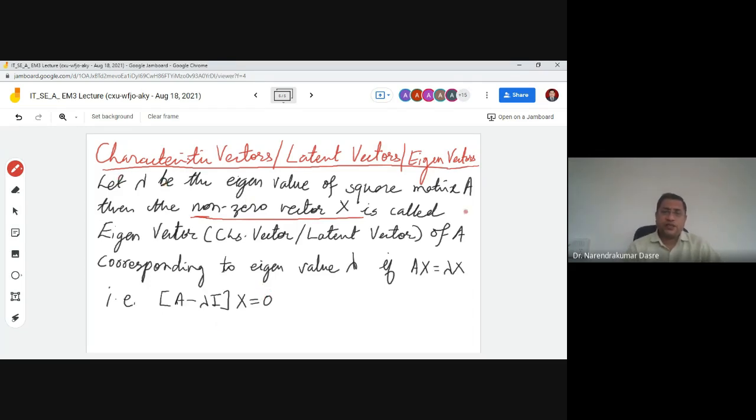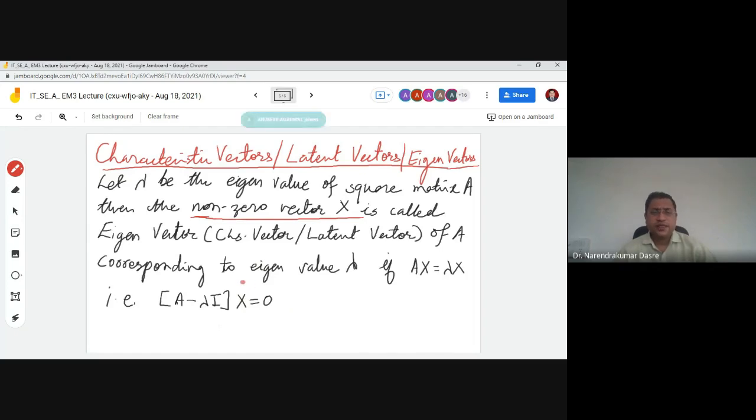So if I consider a matrix A, then the non-zero vector x is called the eigenvector of matrix A corresponding to the eigenvalue lambda if lambda and x satisfy this relation: Ax equal to lambda x, or either way (A minus lambda I) into x equal to 0.